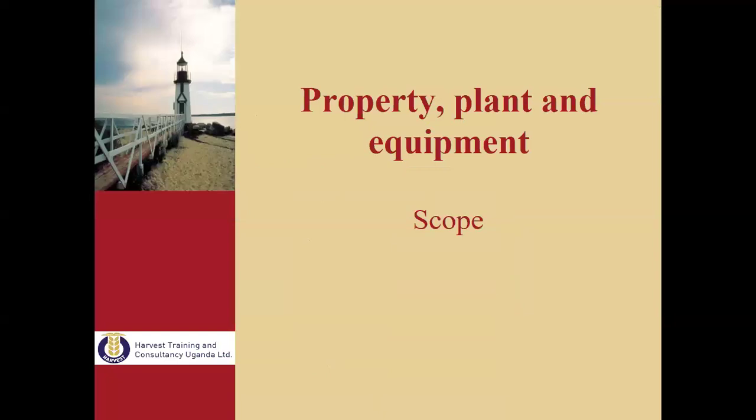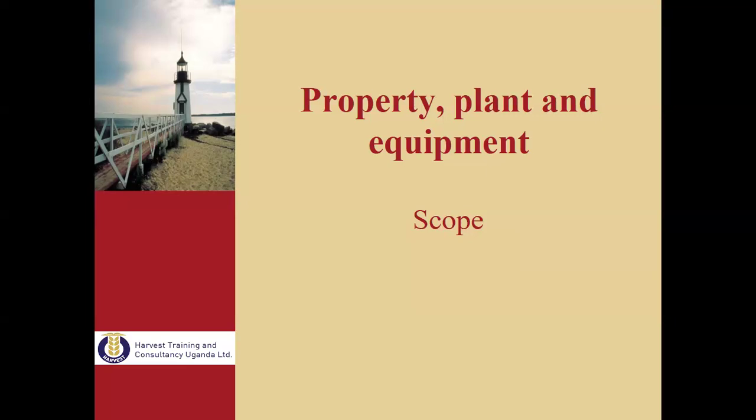So let's quickly look at the scope of this standard. Just to give you a brief before we go to the summarized notes that I'm going to share with you. This standard generally helps you recognize assets in your financial statements or your books of account.